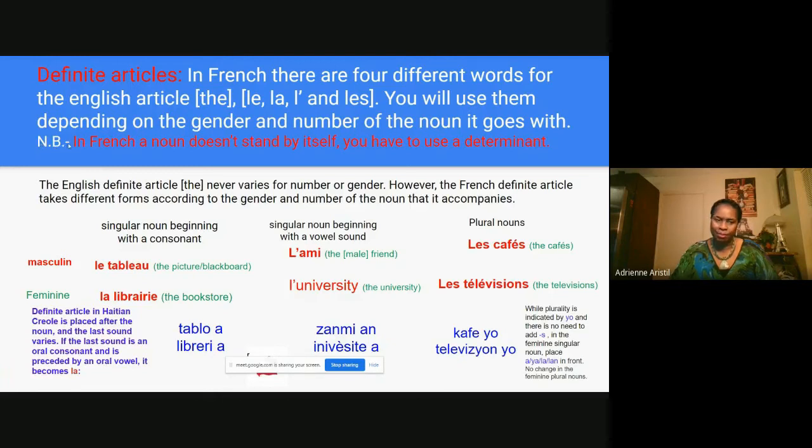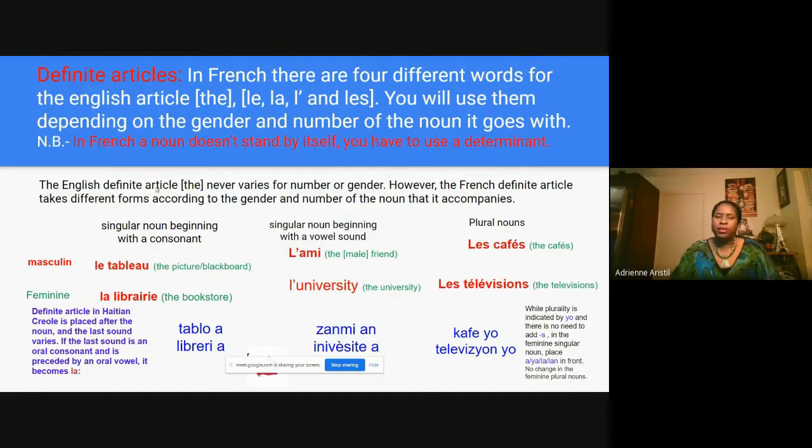As you can see, there is this note, N.B. Notez bien, that means in French, a noun doesn't stand by itself. You have to use a determinant, what they call articles, like definite article or indefinite article.